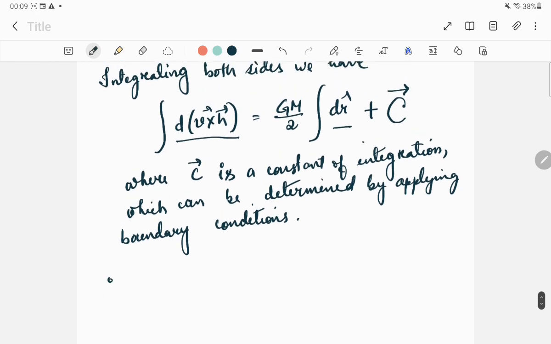Okay, so let me again do the rough sketch. Integration of dx is x, right? So integration of v cross h will be equal to v cross h, if you can draw the parallels between these two things.